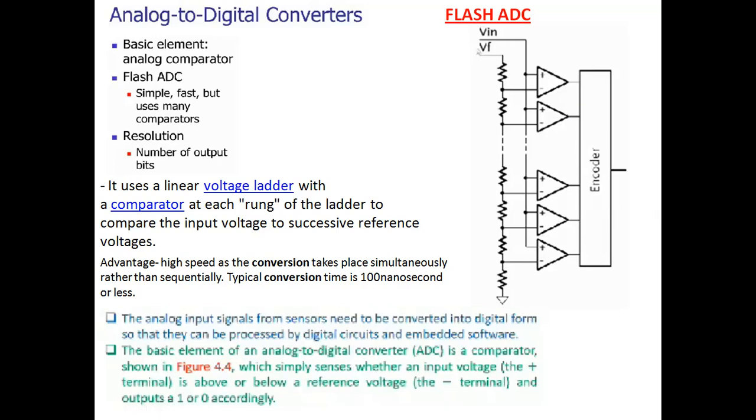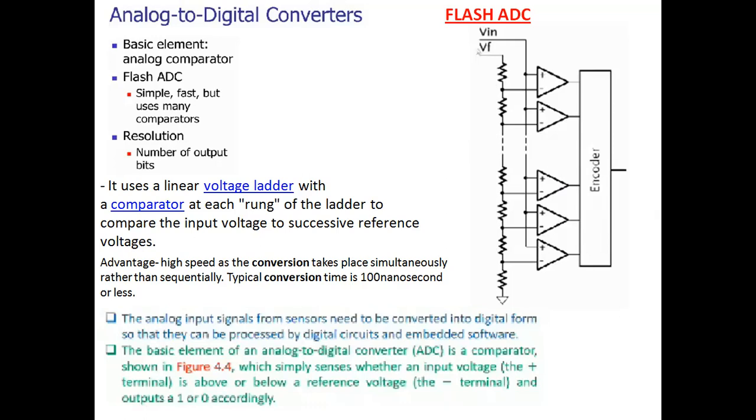The simplest form of ADC, what you're seeing here, is a flash ADC. The outputs of these comparators are applied to the encoder circuit, and this encoder circuit will generate the fixed point binary value.